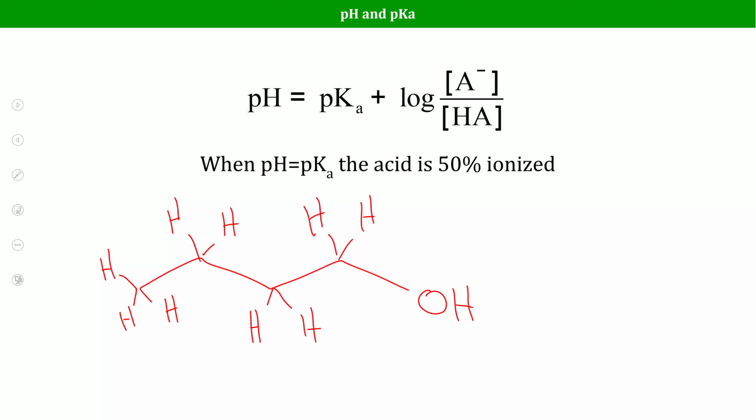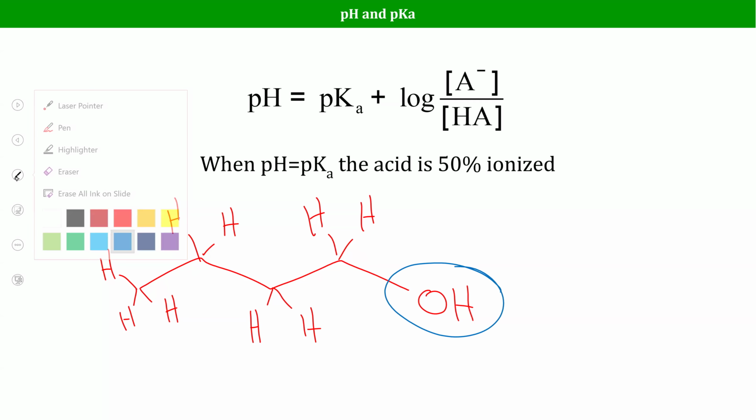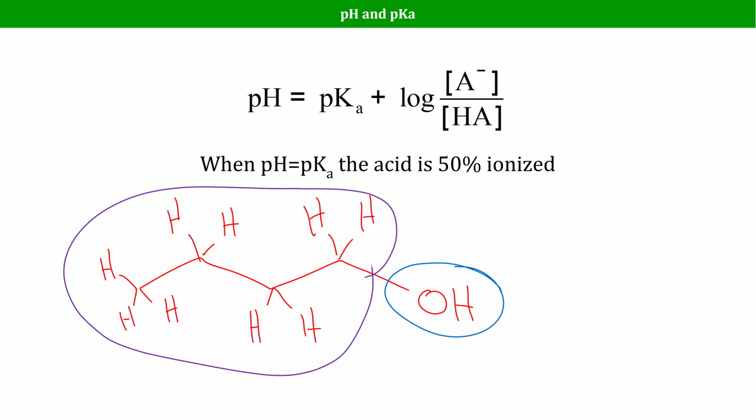Because even though we have part of this molecule that is polar, this part of the molecule will dissolve in water. The rest of this won't. This whole section is nonpolar. So it turns out there's a crossover where even though this is a polar molecule, it won't dissolve in water readily.